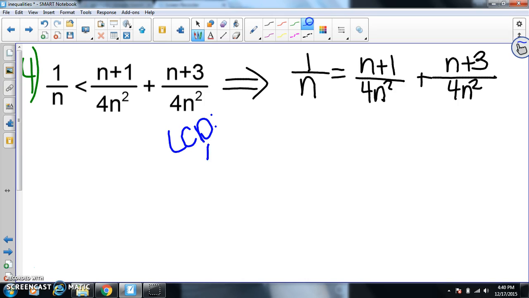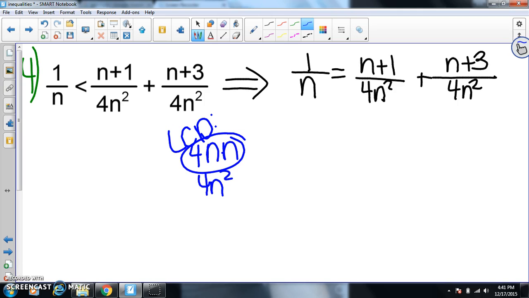So I'm going to copy my first factor, n. Then I'm going to check my second. I do not have a 4 in my LCD, so I am putting a 4 in my LCD. I only have one n, and in my second term I have n squared, so I need to put another n. Then I'm good with my second term. I'm going to check my third term, and I have a 4 in my LCD, and I have an n squared. So my LCD is 4n squared.